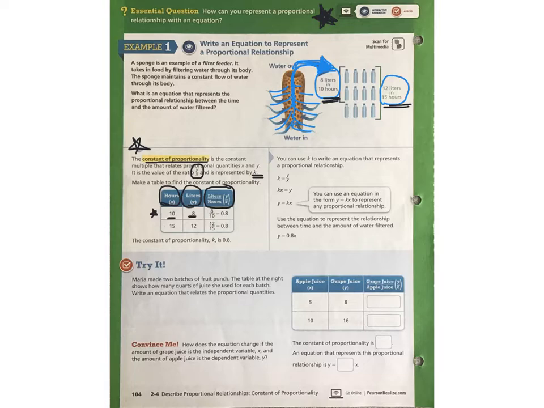So we write that ratio as 8 to 10. And what that means is that sponge can filter 8/10 liters in 1 hour. So we made a unit rate out of that.